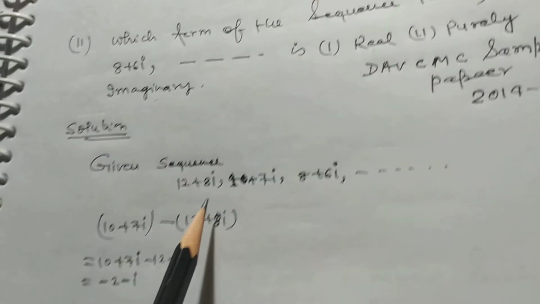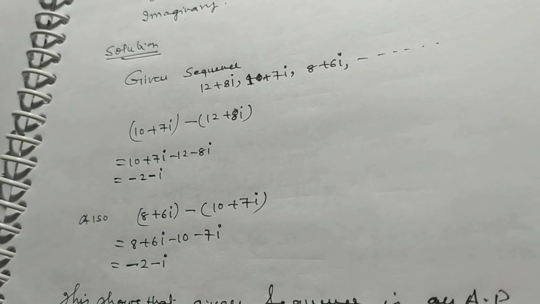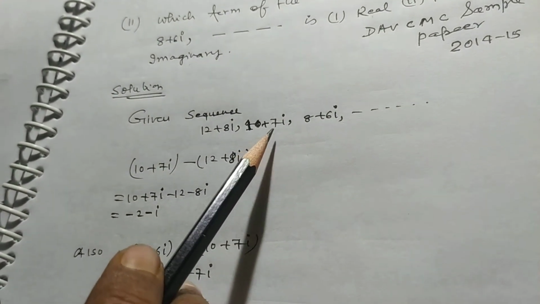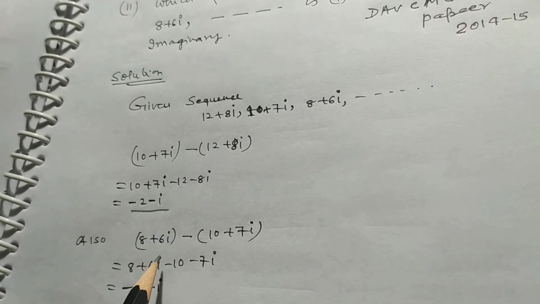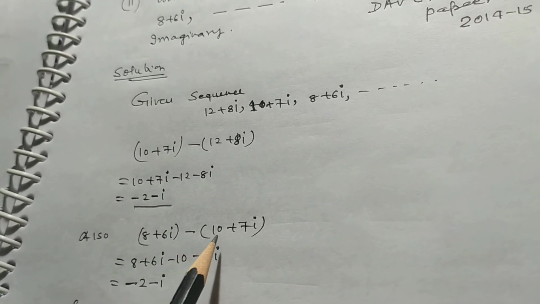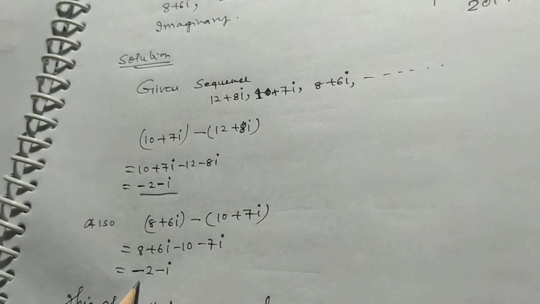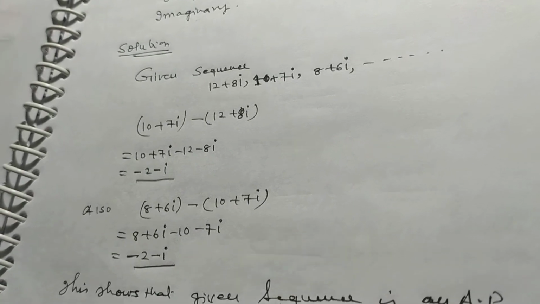So now what do we observe? We take the difference of two consecutive terms. We observe here that 10 plus 7i minus 12 plus 8i is minus 2 minus i. Also 8 plus 6i minus 10 plus 7i is minus 2 minus i. This shows that the given sequence is an AP.